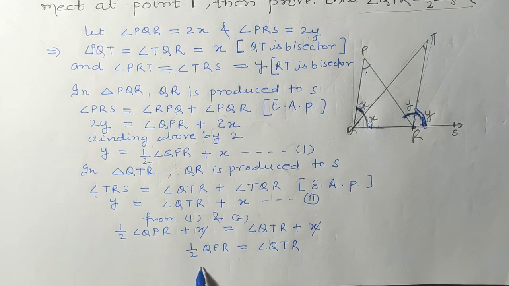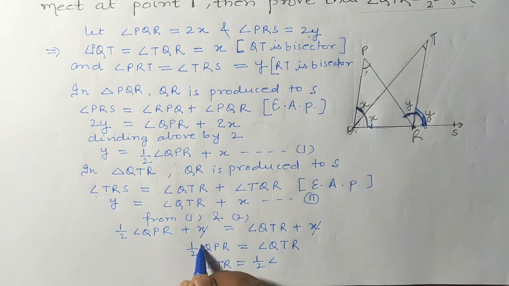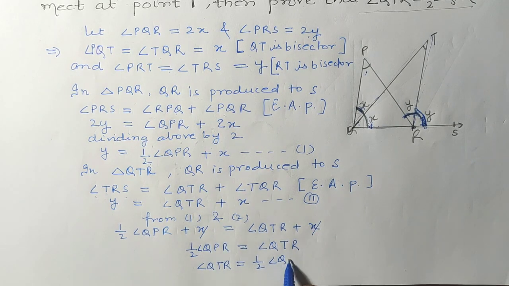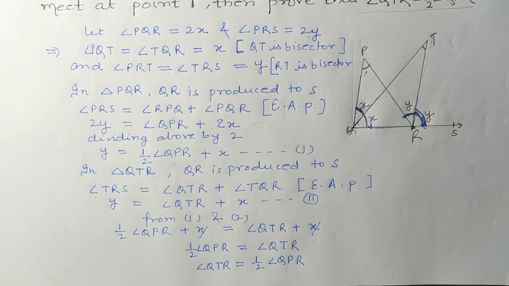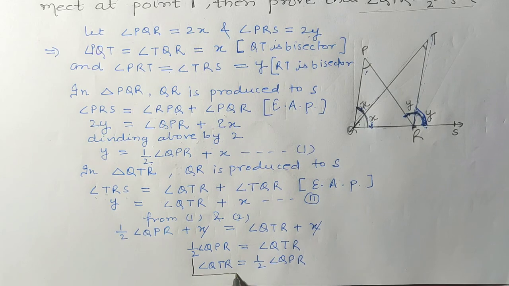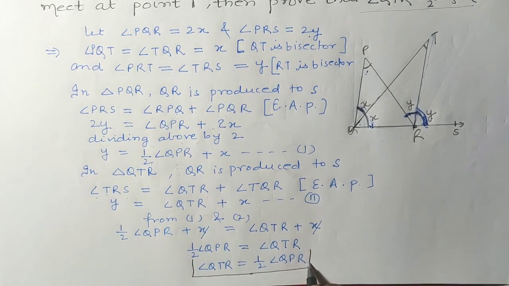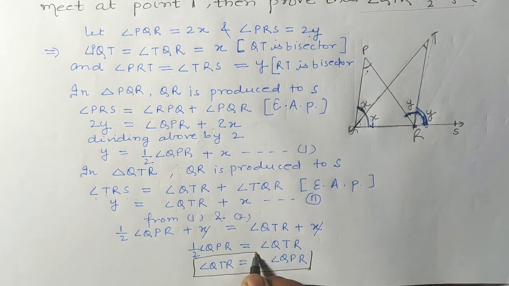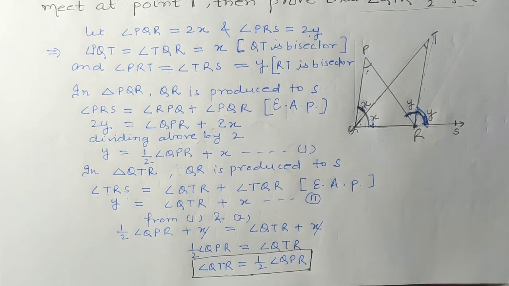We can write it in the proper form: we have proved that angle QTR is equal to half of angle QPR. This was to be proved in this question. This question is very important.